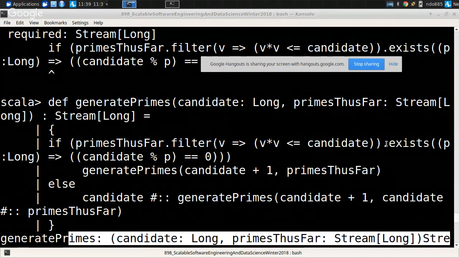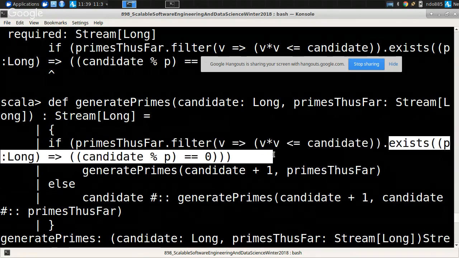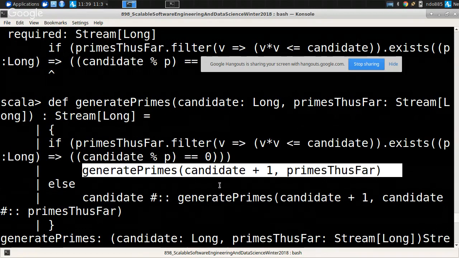So to spare ourselves work, we filter out some that are too big, and then for the remaining ones, we ask, okay, do they evenly divide the number, right? If they evenly divide it, we know it's not prime, and therefore we don't have to return it in our list of primes.